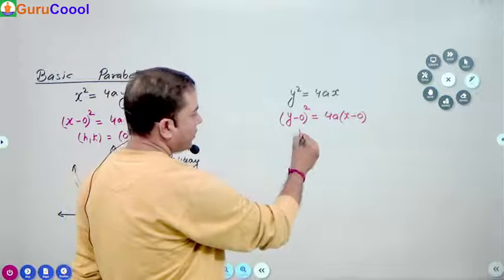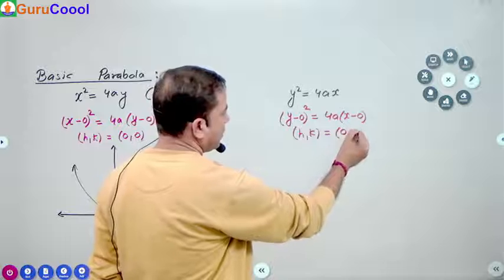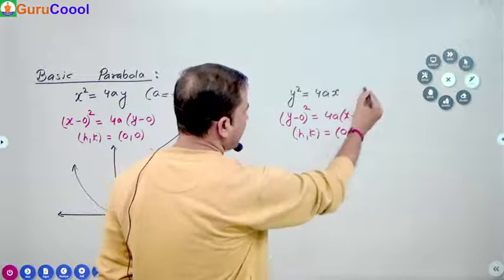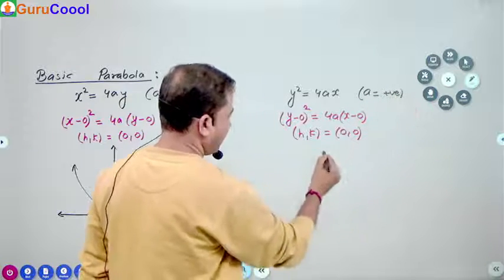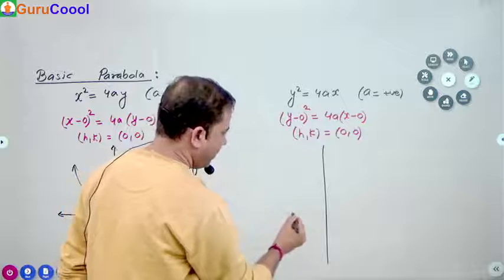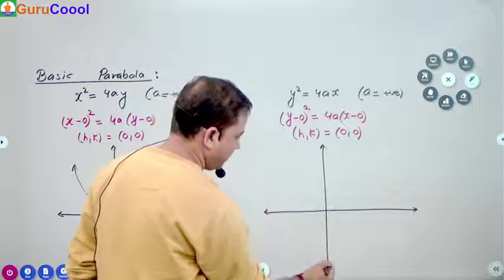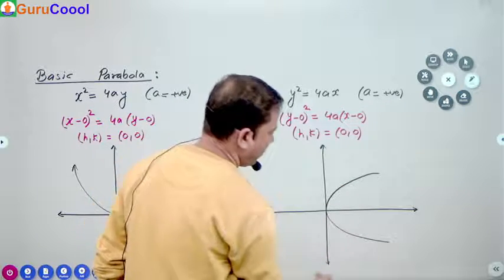And so the vertex of the parabola is again going to be 0, 0. And let us consider a again positive here. So this parabola will be opening towards right side with vertex at origin.